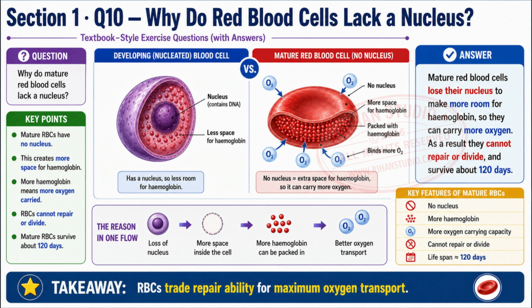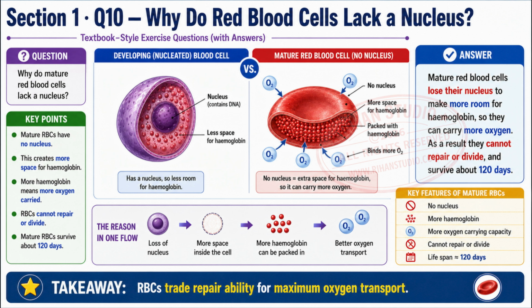Multiple choice questions, MCQs. 1. The cell was discovered by A. Schleiden, B. Robert Hooke, C. Camillo Golgi, D. Virchow. Answer: B, Robert Hooke. 2.